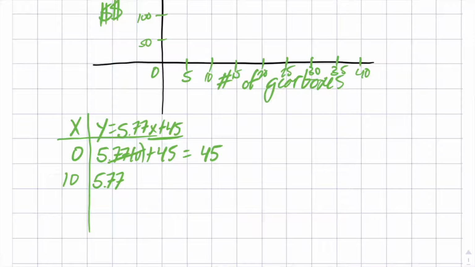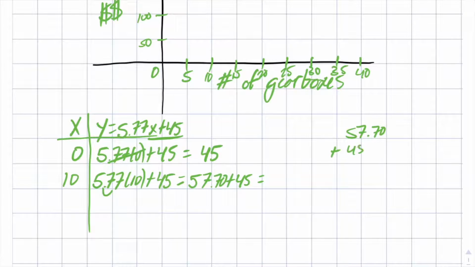5.77 times 10 plus 45, just move the decimal over 1, is 57.70 plus 45 is, I don't know, $102.70.